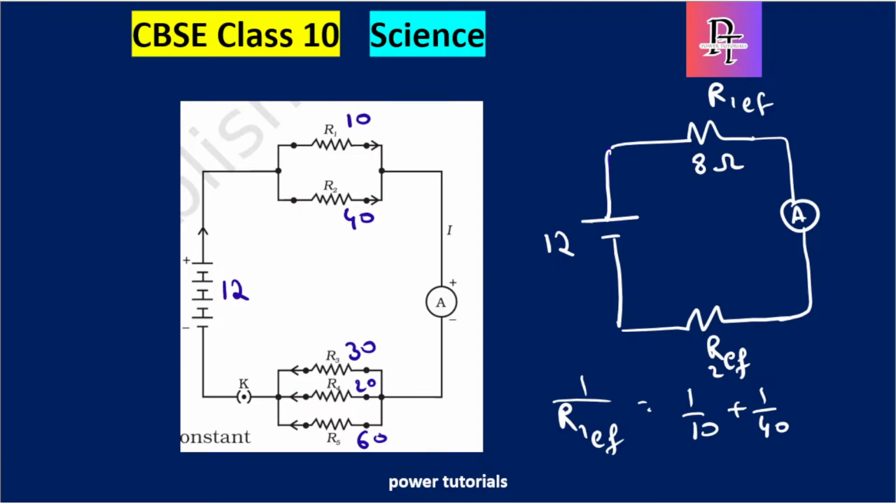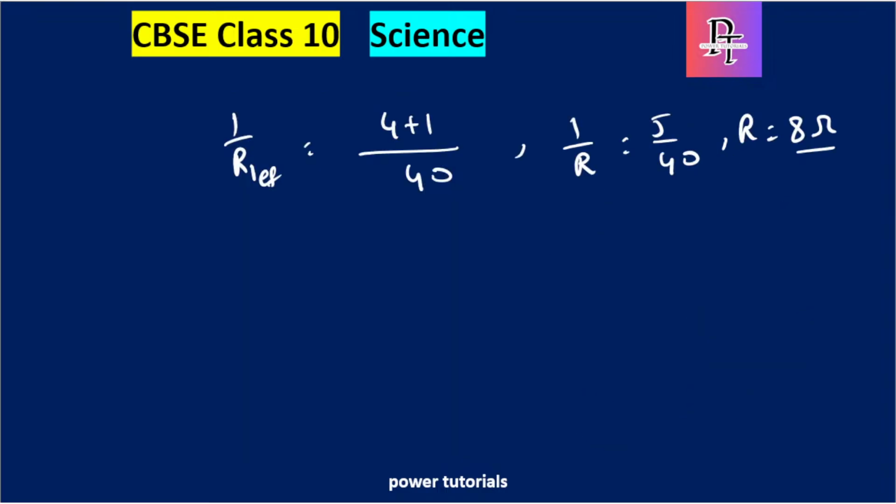Similarly, let's find R2 effective for 20, 30, 60. 1 by R2 effective is equal to 1 by 20 plus 1 by 30 plus 1 by 60.